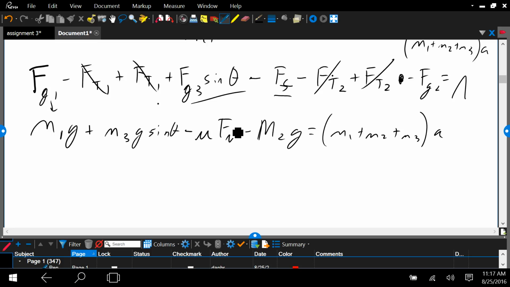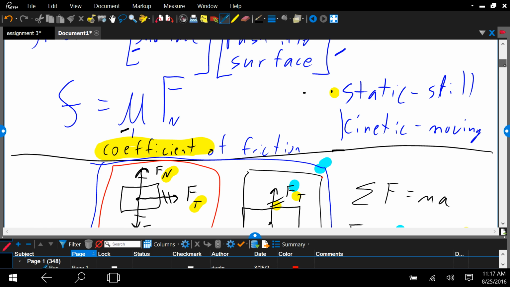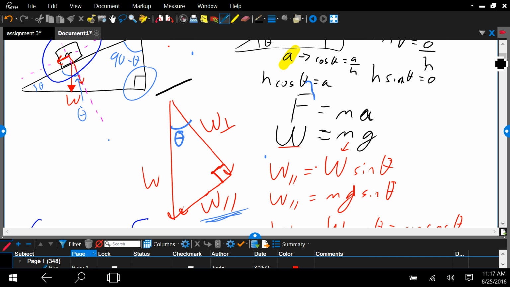So let's go back and look at my picture one more time and take a look at my FN. My FN right here, if you remember again, we said is part of the weight. So let's go all the way back to our top example, and we see that this weight parallel right here, that's equal and opposite to my perpendicular surface force or normal force. Again, those are synonyms.